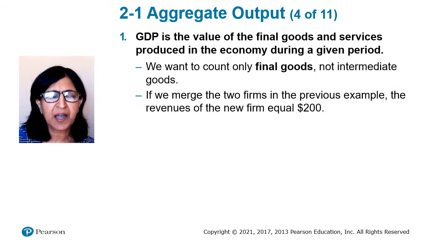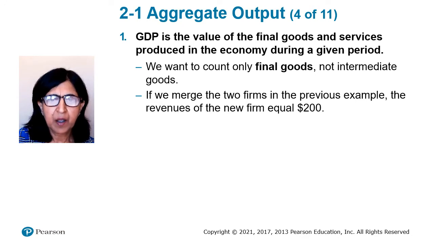Three ways of calculating GDP. 1. GDP is the value of final goods and services produced in the country during a given period. Cars are the final goods produced, whereas steel is an intermediate good used in producing cars. So only the value of the final good produced will be counted in the GDP, which is the revenue from car sales equal to $200.